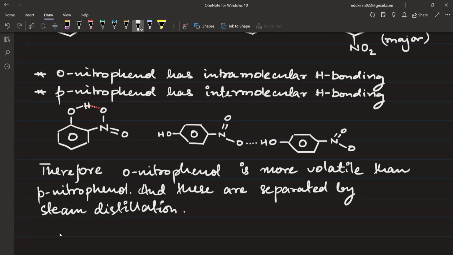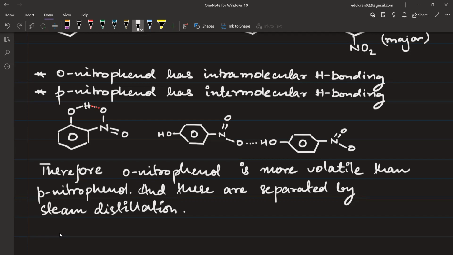Relate this to azeotropes, which we discussed with you. If we have to separate anything, we need to distill it. And what is the main criteria for distillation? The two substances to be distilled should have a difference in their boiling point. Since O-nitrophenol is more volatile, it will boil off easily.